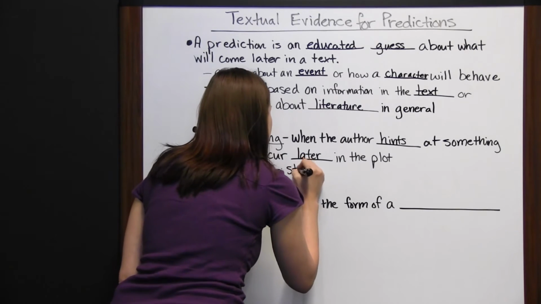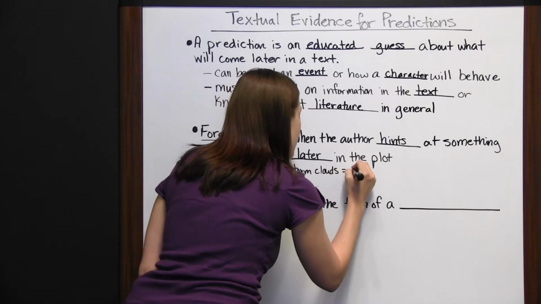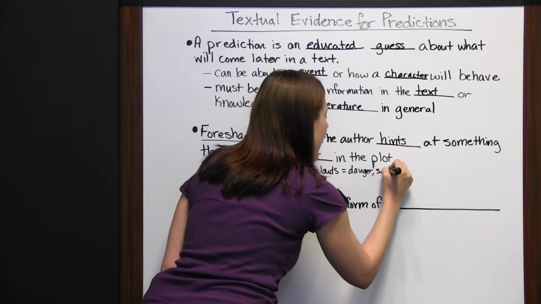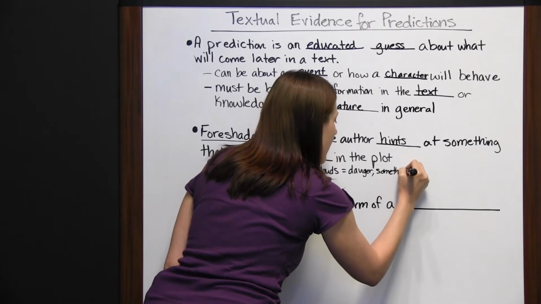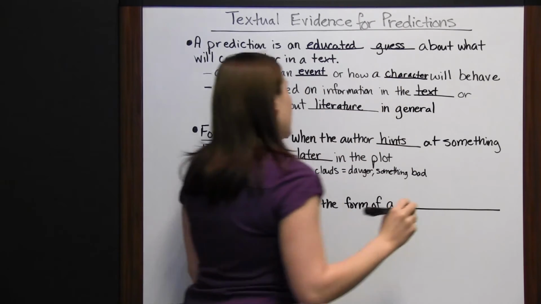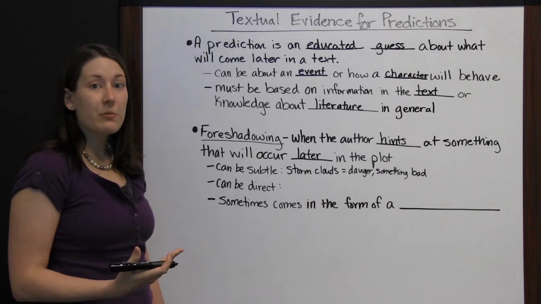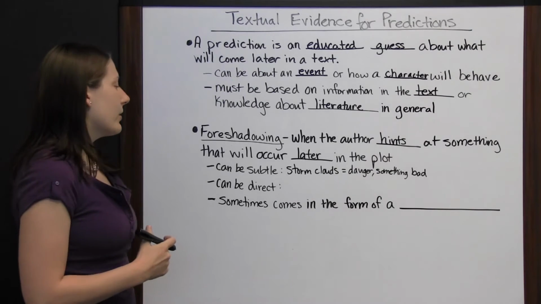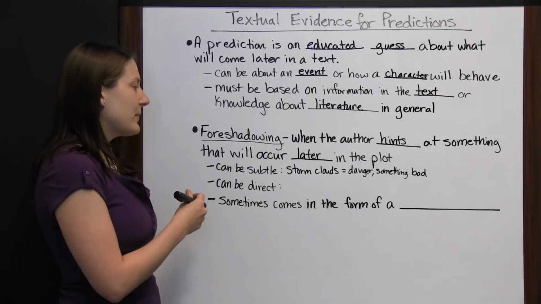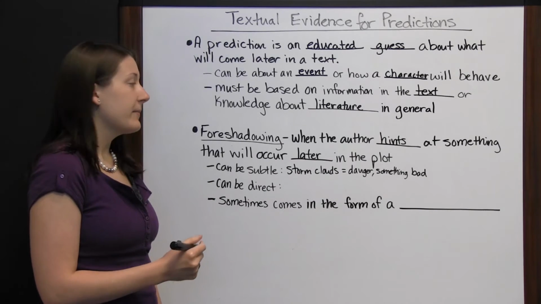It may mention storm clouds on the horizon, and the storm clouds could equal danger or something bad happening. So if you have a character who is going through a tough time and then they see storm clouds on the horizon, or someone mentions a storm might be coming, then that may be the author's way of hinting that something bad is coming or danger is approaching.